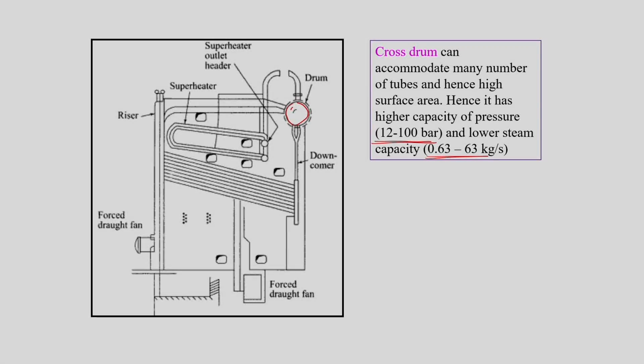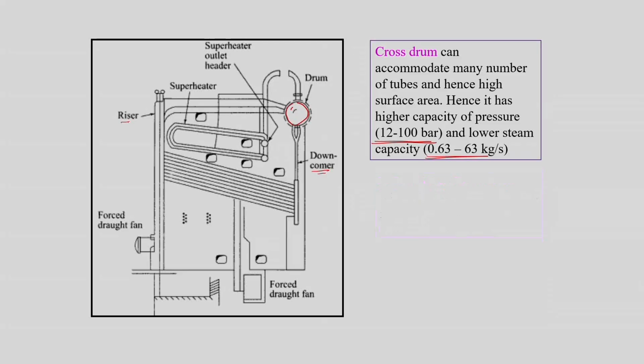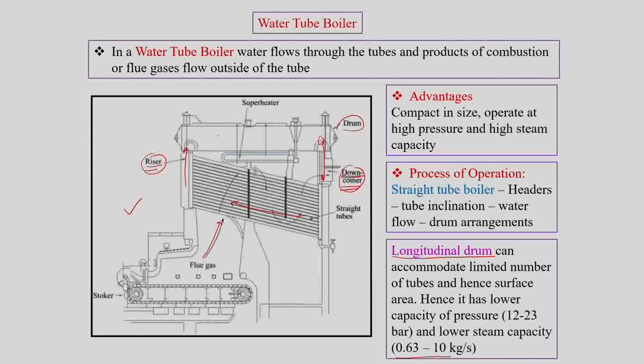Further, although the arrangement is different, we still would have downcomer, riser, superheater and other attachments to the boiler. Straight or cross drum boilers would implement baffles. We can see here in the last figure these black strips; they are baffles.